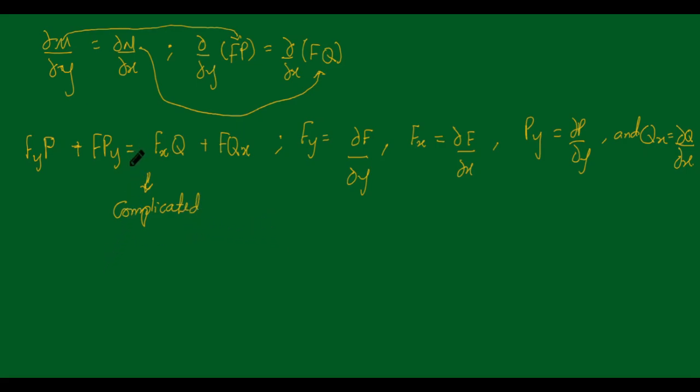So in order to reduce the ambiguity, we try to look for an integrating factor in only one variable. That is, f will either depend purely on x alone, or it depends purely on y alone, and not a mixture of both of them.